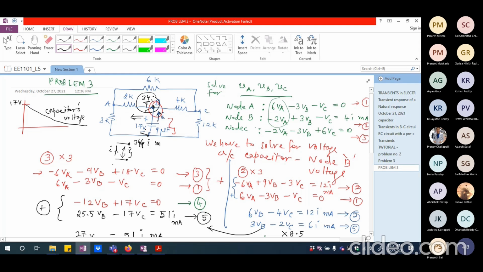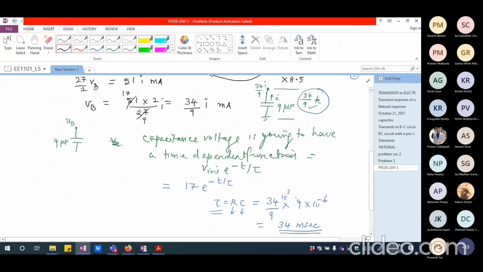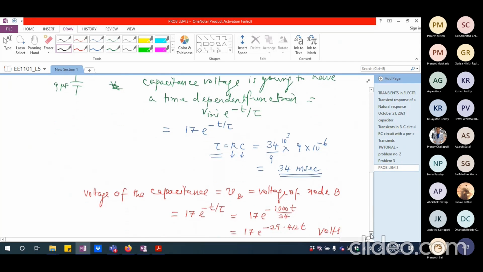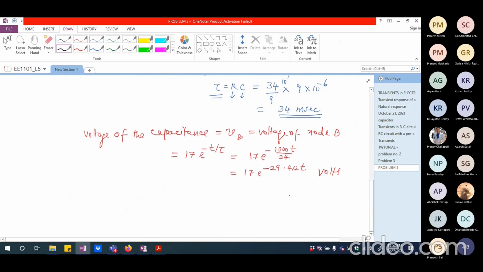So this is as good as looking at the open circuit voltage of the node versus the current that is flowing through that terminal. That is the reason why 34 by 9K is seen as the impedance visualized by whatever component is connected across this. And the component that is connected across this is the capacitance. That is the reason why we are getting the time constant to be 34 millisecond in this particular case.